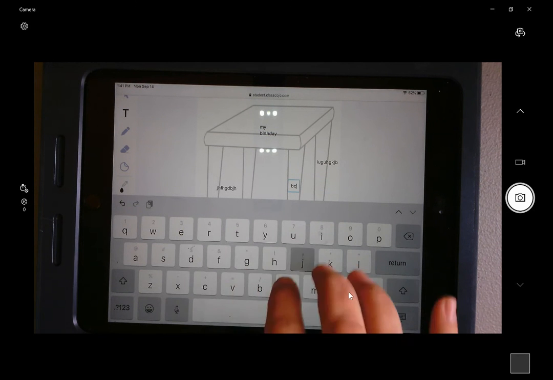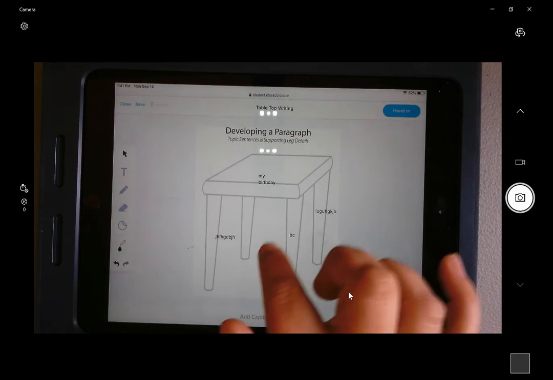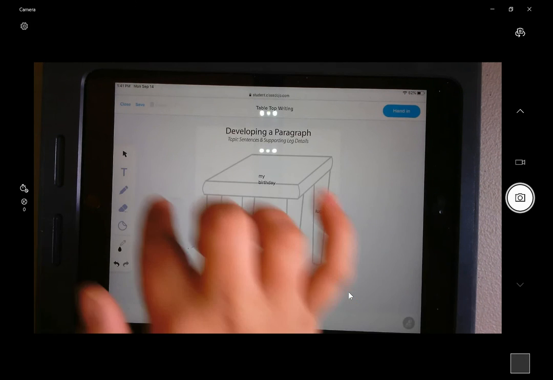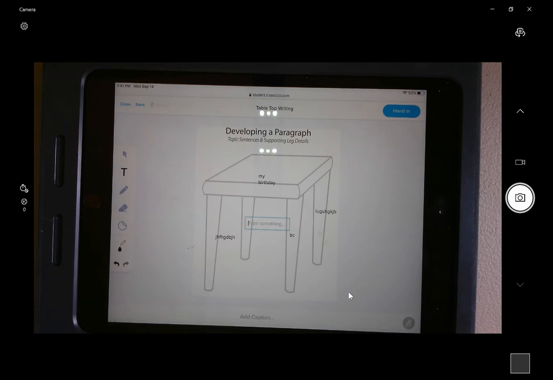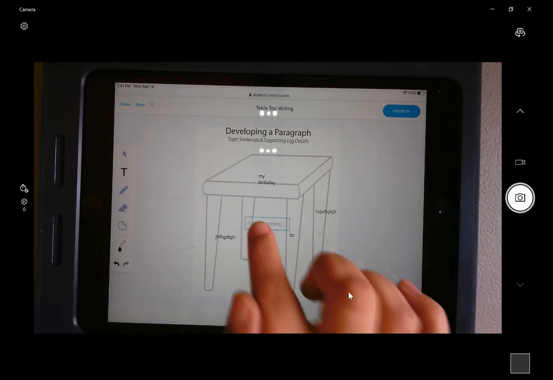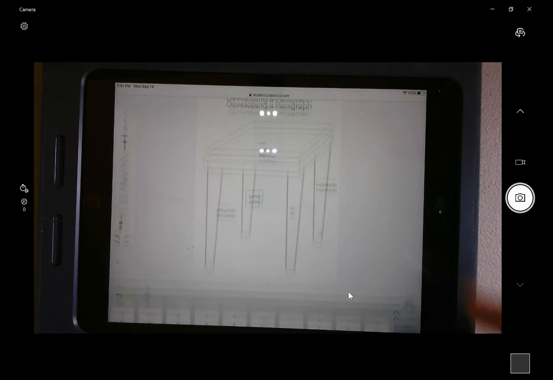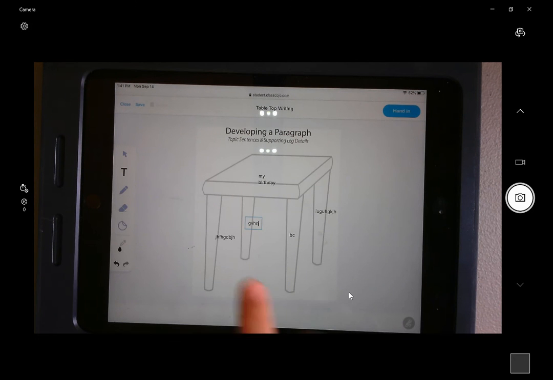But if you're typing next to each of the legs, we'll understand that those are your 4 details for your topic. So you click on the T for text and try to type near the table leg, so we can understand that that is your detail for your main topic.